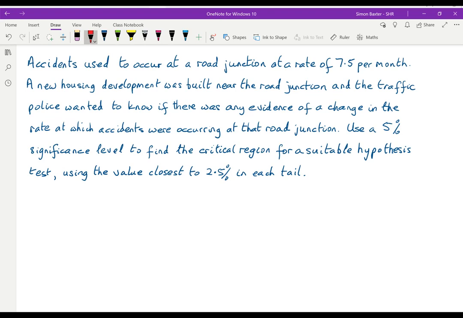You should be beginning to realize exactly what we're going to write down first. H0. H0 is no change. We have 7.5, it's Poisson, it's a rate, it's not binomial, it's lambda equals 7.5, and there is my null hypothesis.